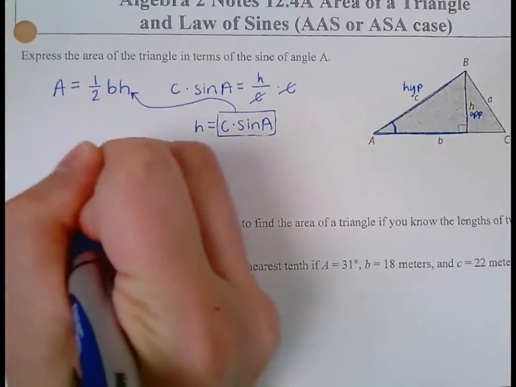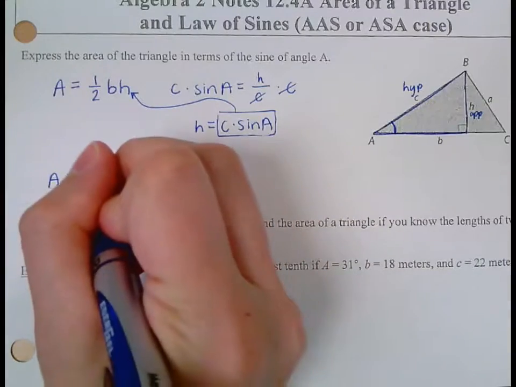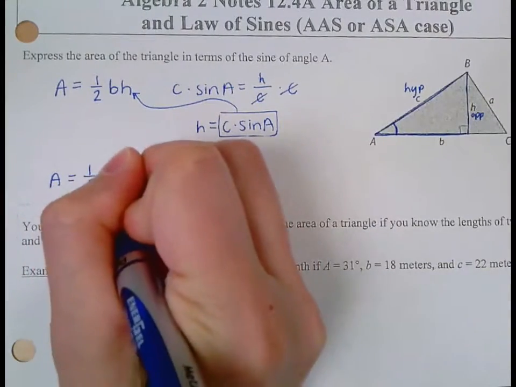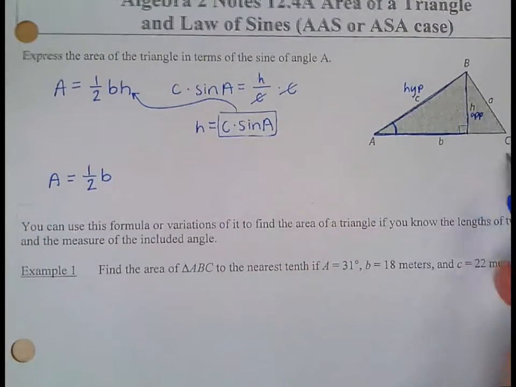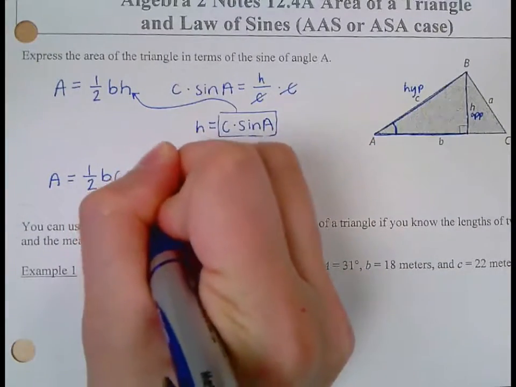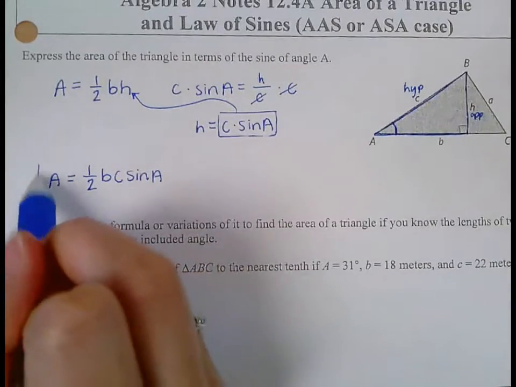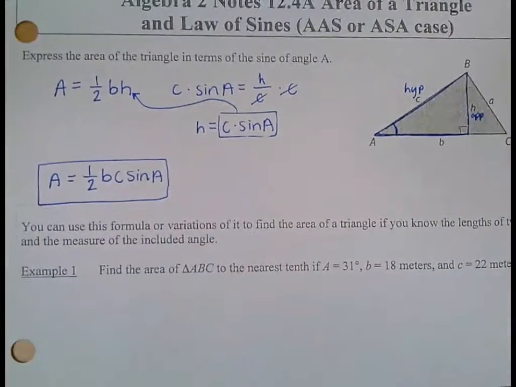Meaning we'll get the area of the whole triangle, not just the right triangle, is equal to 1/2 times the base, which is b, times, and in place of height, we have c times sine of A. And that's our new formula.